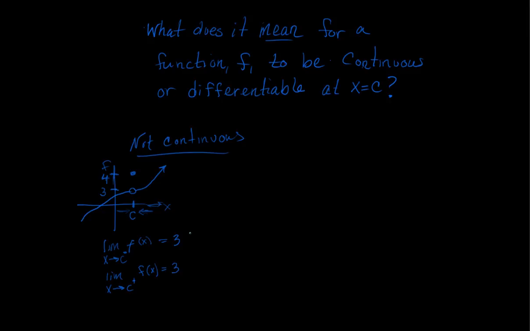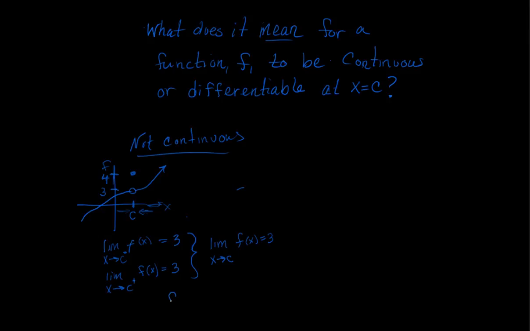Together, these facts allow us to say that the limit as x approaches c from either direction of f of x is equal to 3. And there is no problem there. That is absolutely true.